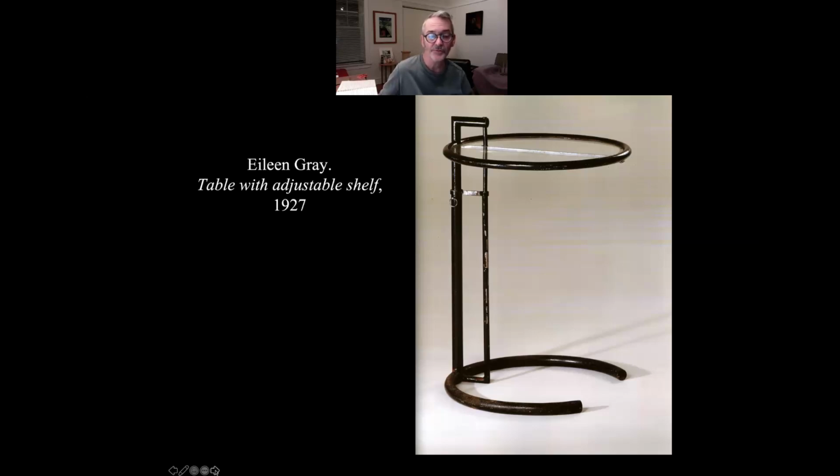The steel tube starts to get used in the 1920s for furniture, and it's a new thing. It's basically an industrial product that really didn't exist before, and it is strong and flexible. It's strong and malleable, or easy to form.